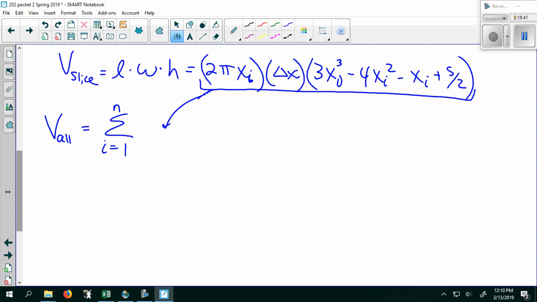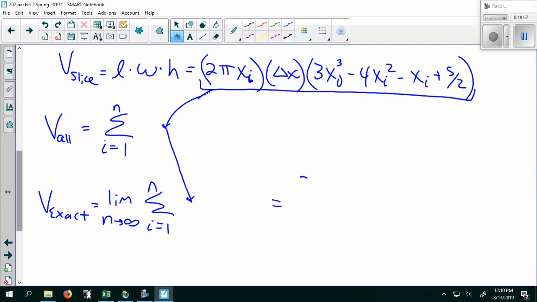Then I take the limit as the number of slices goes to infinity. That gives me the exact volume of the region, and that is the definition of an integral.